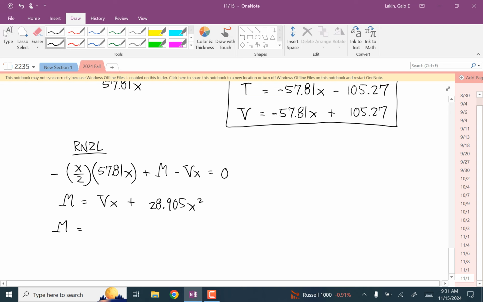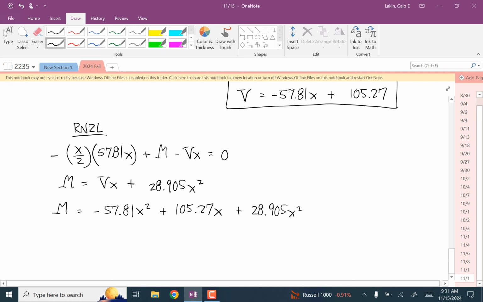So m now is equal to negative 57.81x squared plus 105.27x plus 28.905x squared. And so m is equal to negative 28.905x squared plus 105.27x.